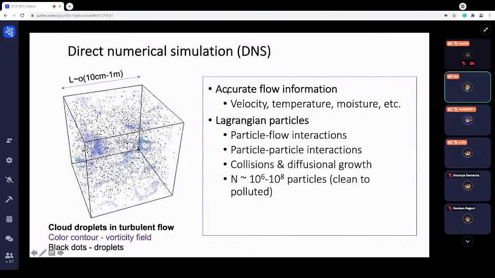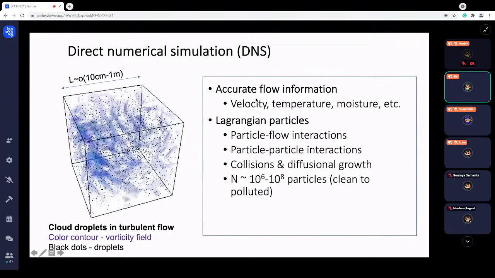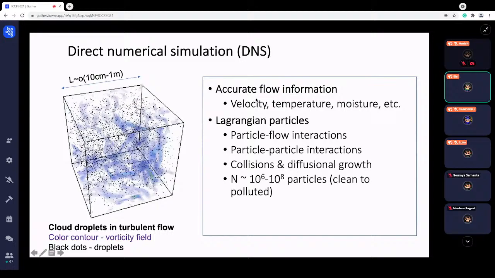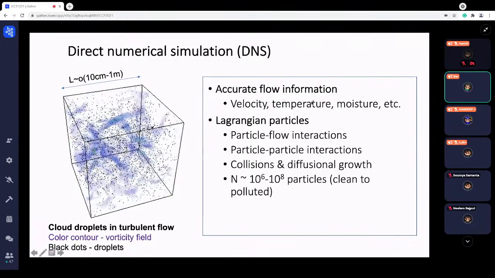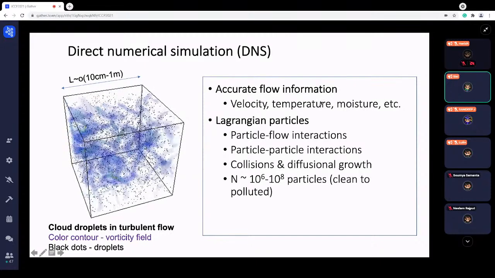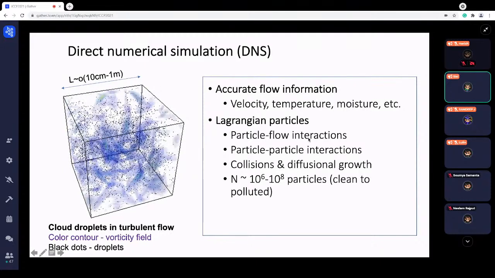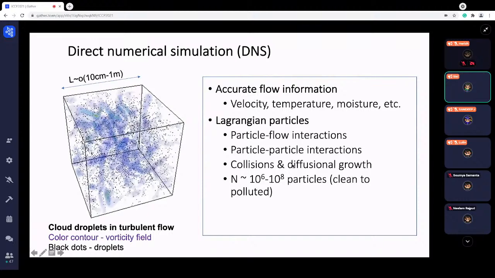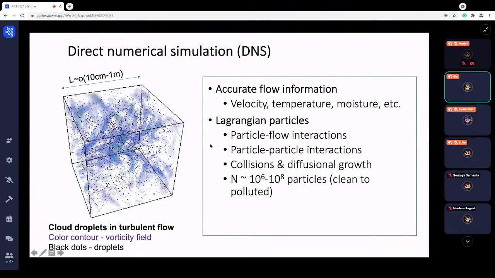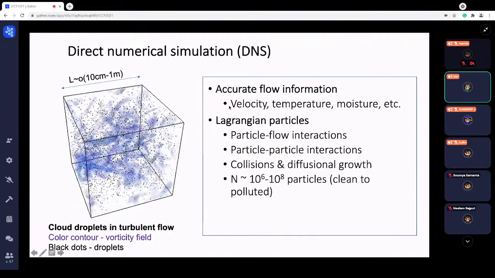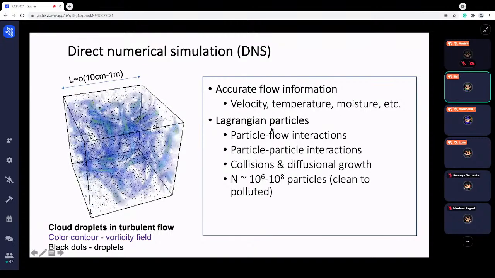So in the parcel model, the particles are uniformly distributed inside the domain, and all droplets experience exactly the same environmental condition. But clouds are relatively turbulent, and the small-scale fluctuations may have a prominent effect on particle growth. Therefore, DNS can help with this type of process.